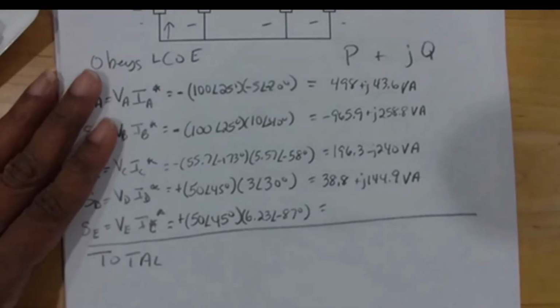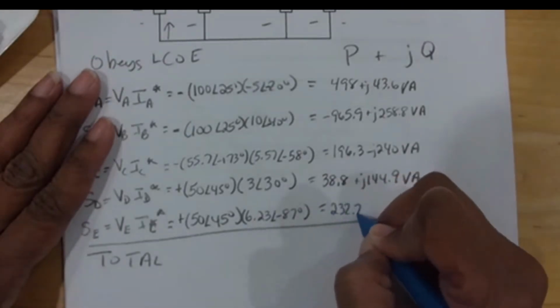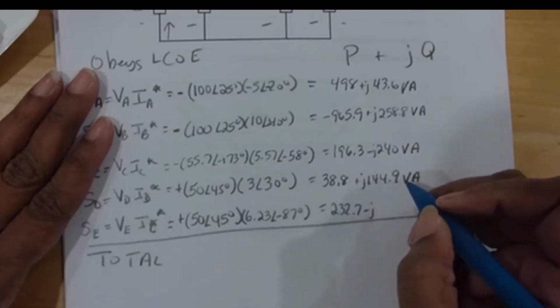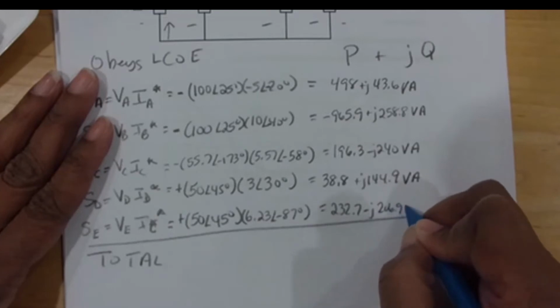And for E, 232.7 minus J, 206.9 volt amperes.